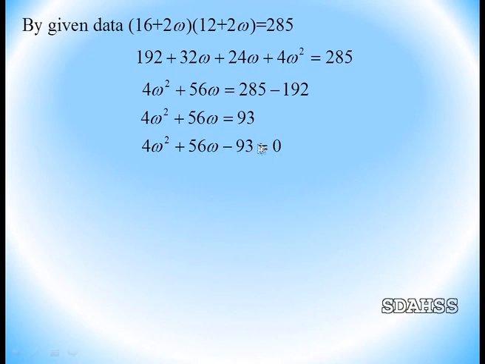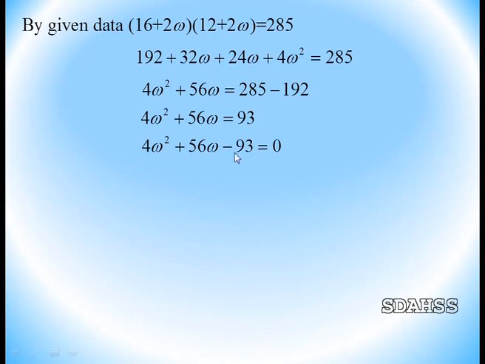This equation is of the form ax² + bx + c = 0. Factorize. Here the sum is 56, and the product is, you have to multiply the coefficient of W² and the constant term.